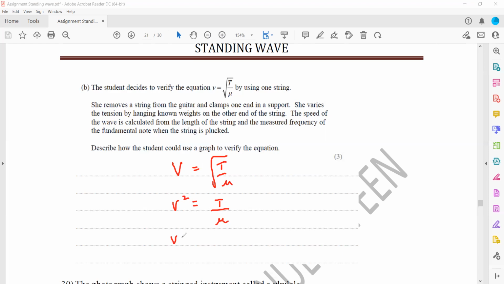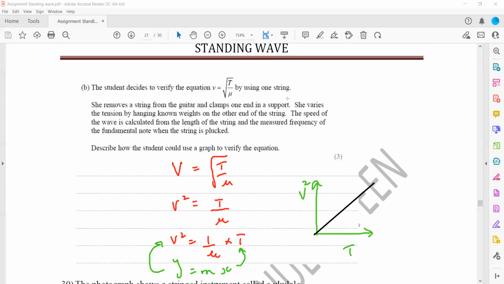Or if I rearrange the equation, V squared is equal to 1 over mu times T. Then we compare with the equation of a straight line, y equals mx. If the student plots V squared on the y-axis and tension on the x-axis, what will be the gradient? The gradient of this line will be 1 over mu.